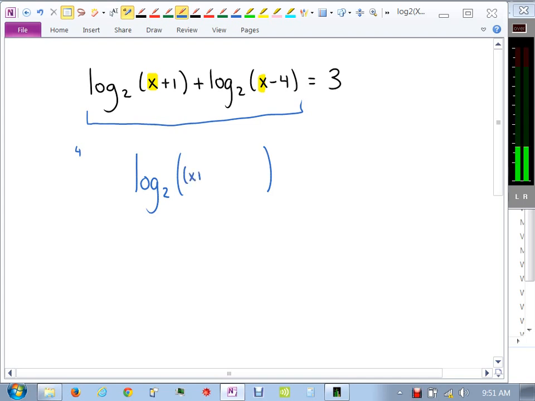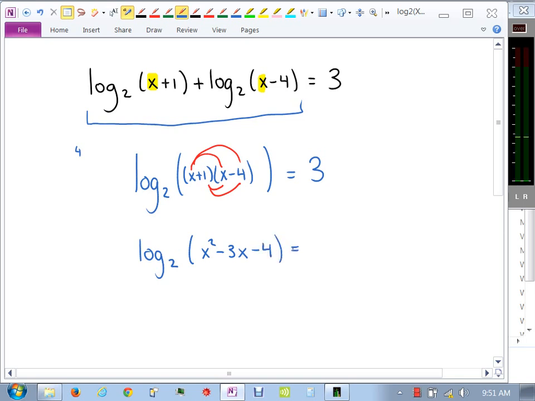So I can do x plus 1 times x minus 4. And then the other side of the equation is still 3. Now, you can expand or FOIL that out. So log base 2 of x squared minus 3x minus 4 equals 3.